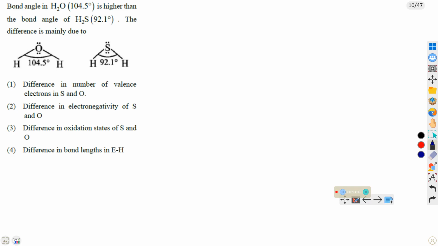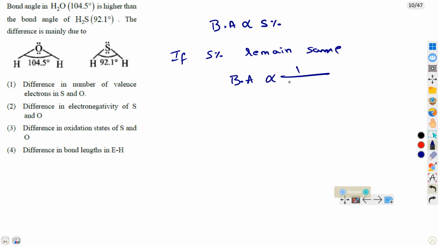The bond angle in H2O, 104 degrees 5 minutes, is higher than the bond angle of H2S. The difference is mainly due to what we know. First of all, bond angle is directly proportional to s percentage. If s percentage remains the same, then bond angle is inversely proportional to the number of lone pairs.